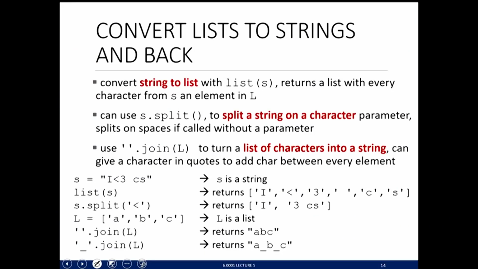Much like we cast a float to an integer, you're just casting a string to a list here. When you do list(s), it gives you a list where every single character in s is its own element. That means every character is going to be a string, separated by a comma, including spaces.